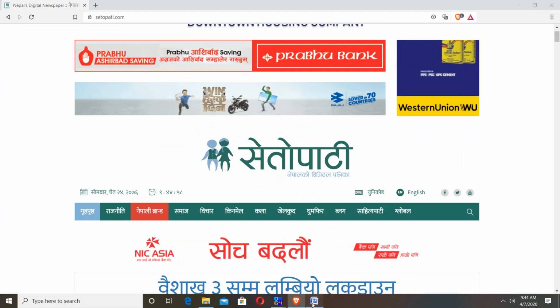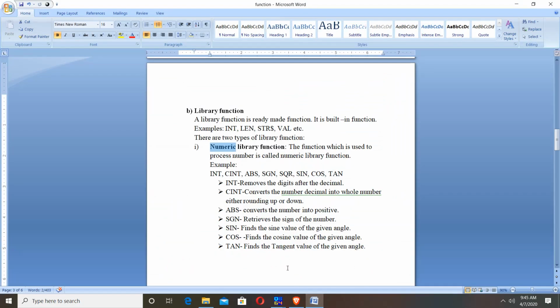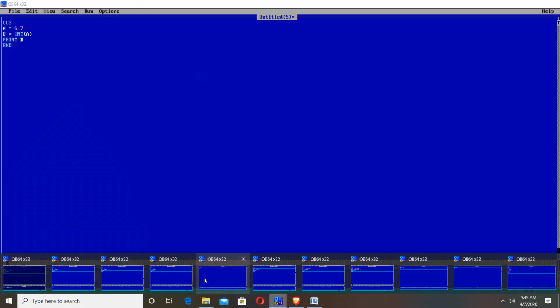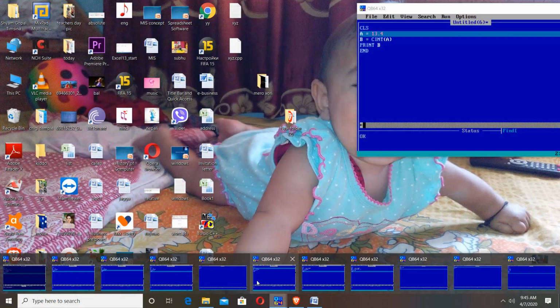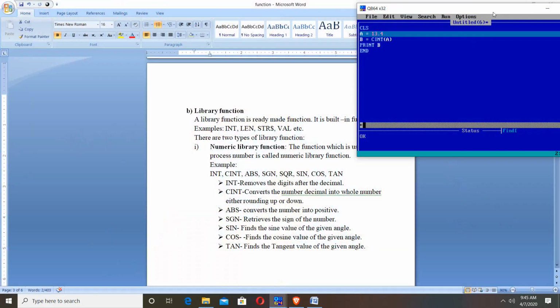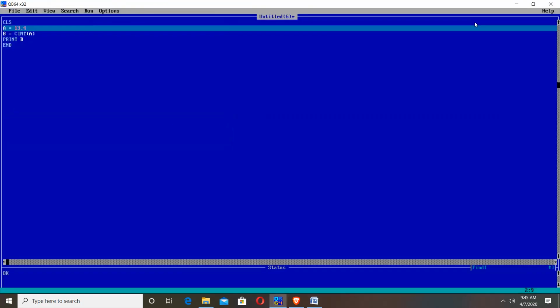So let's check out CINT. The use of INT and CINT is almost the same. A is equal to 13.4, B is equal to CINT(A).